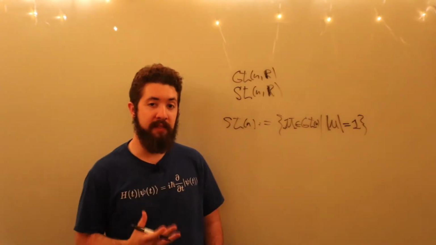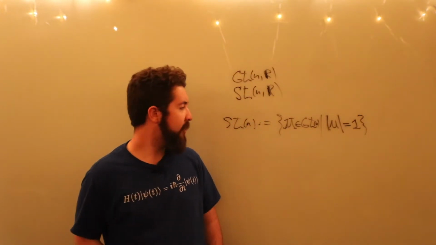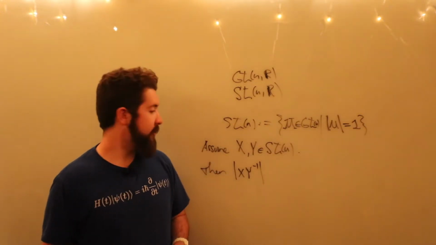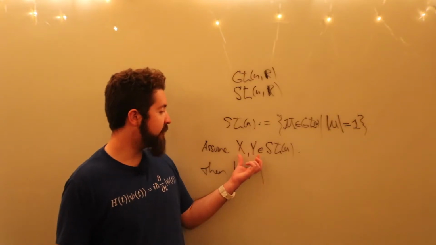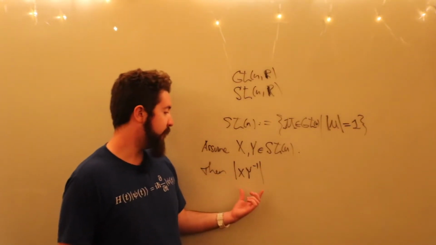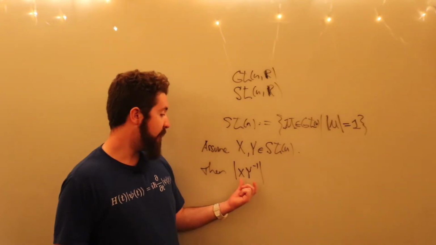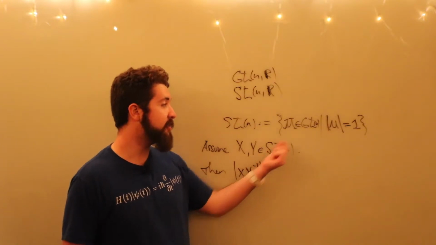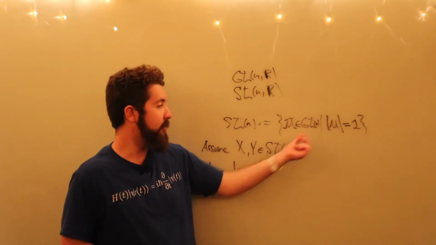How do we know that this is going to form a subgroup? Well, let's do the subgroup test. So let's assume matrices X and Y are in the special linear group. Then what we want to do is show that the determinant of the product X times Y inverse, we know that Y has an inverse because it's in the set of all invertible matrices.